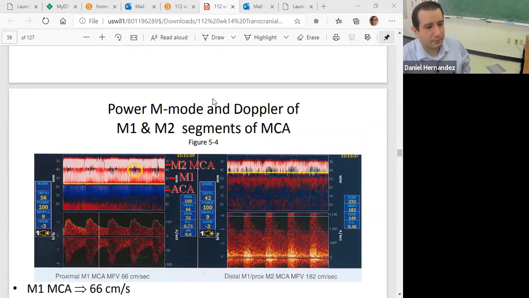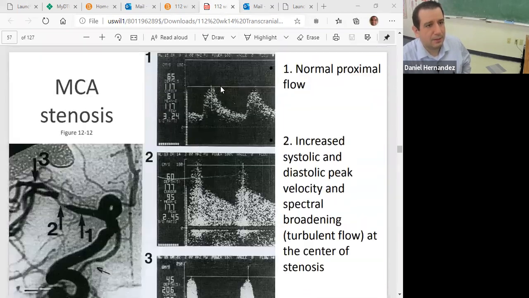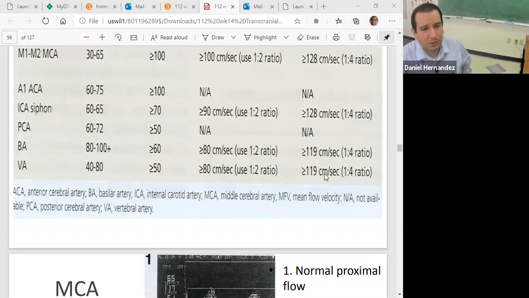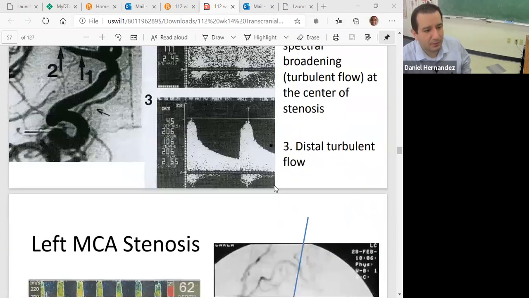I forgot to mention, going back to this chart, we also will use a ratio to show the increase in the velocity across the segment. These ratios of 2:1, or 1:2 and 1:4, we also use in our grading criteria.